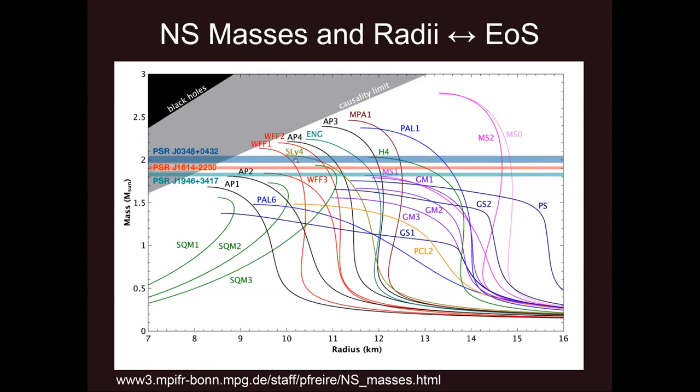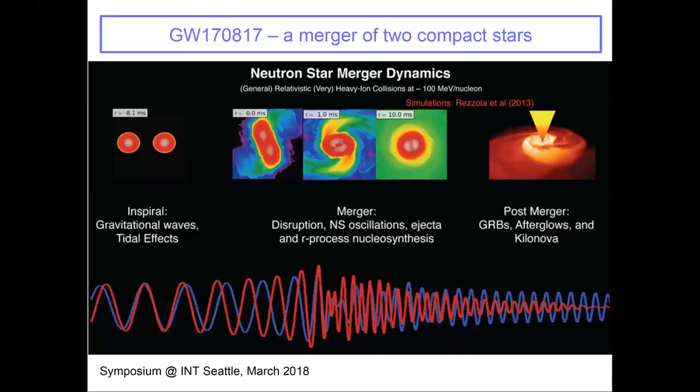But still there are enough equations of state which are stiff enough to describe 2 solar masses, but their radius varies broadly. So now the new situation is that we have the binary neutron star merger, GW170817.